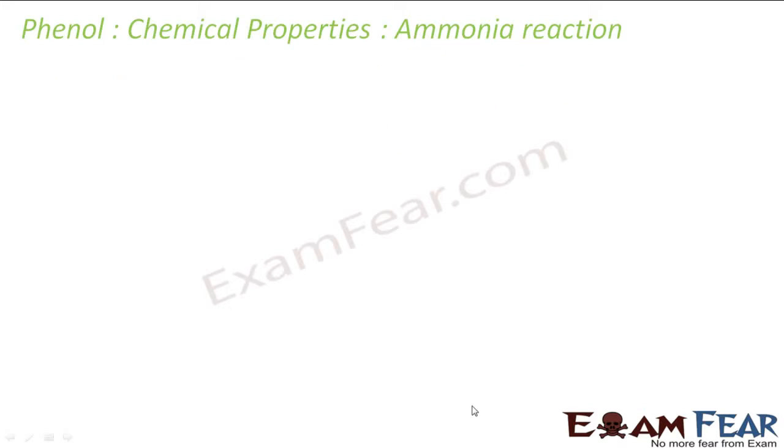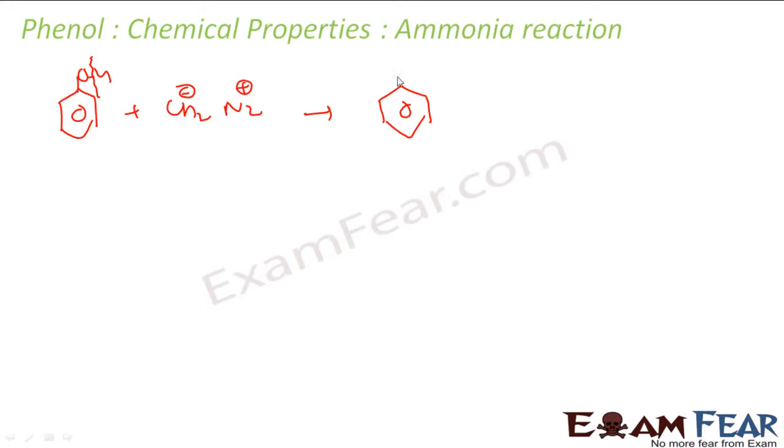Let's take one more important reaction. So I have this OH here, phenol, and let's react it with CH2N2. It's plus and this is minus. So what will happen is this will take out this H from here, right? This bond will break, and what you get is O minus and CH3N2 plus.